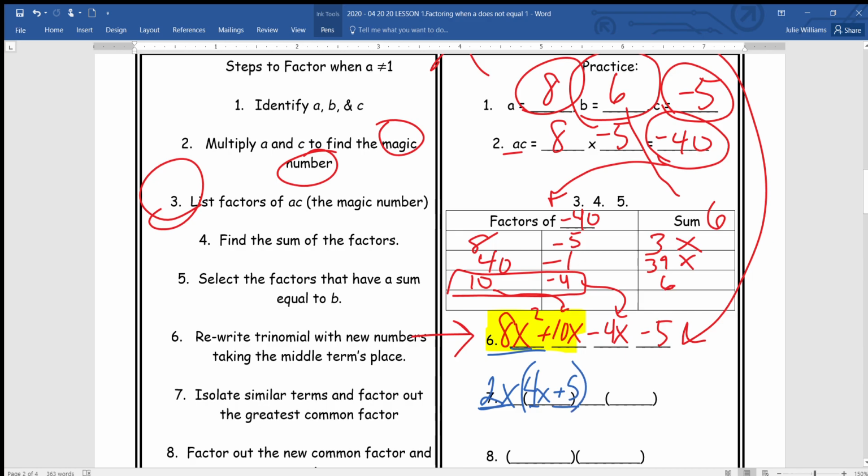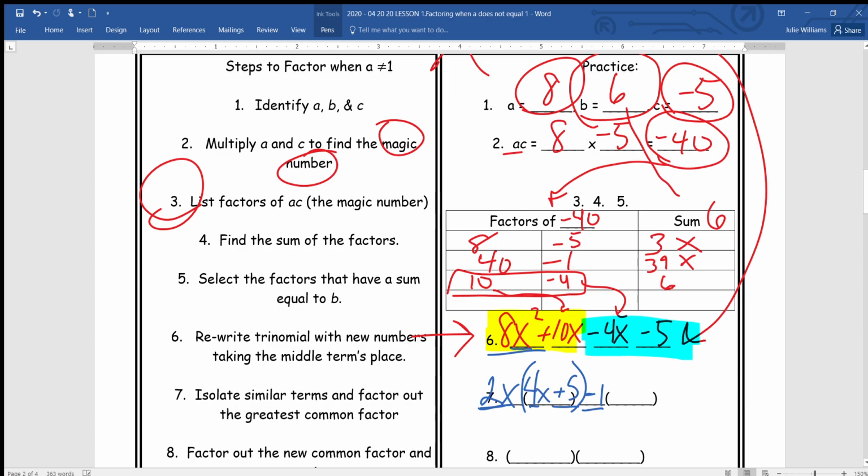Okay, and then I look at the next two terms. The only thing common there is 1 and negative 1, and I'm going to choose the negative 1. I factor out the negative 1.